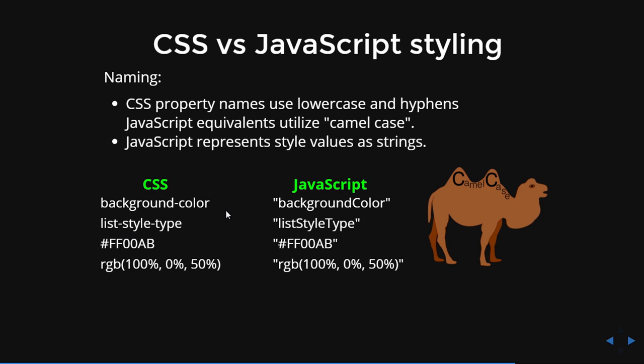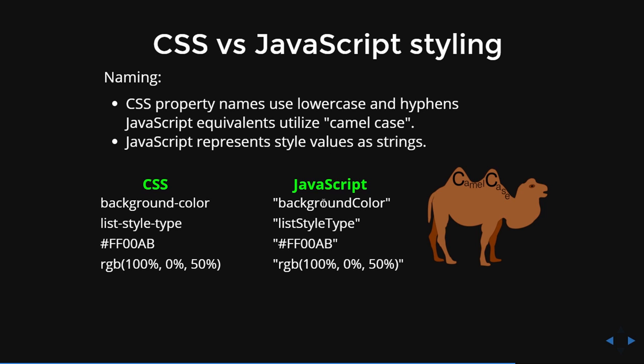However, in JavaScript, we use something called camel case. And the reason it's called camel case is because each word in a property name is not separated by dashes, and instead, all words except the first have capital letters. And therefore, it has somewhat the look of a camel. So it's called camel case. So all JavaScript properties for styling are in this camel case notation, but otherwise are similar to their CSS cousins.